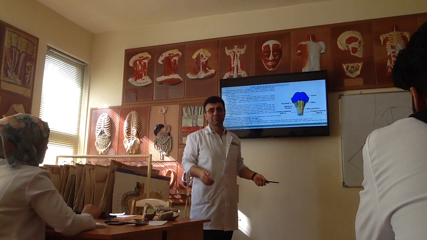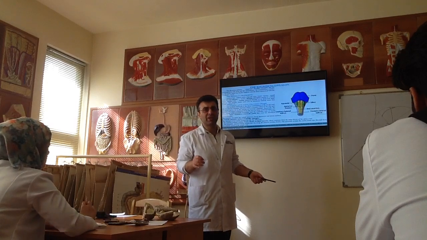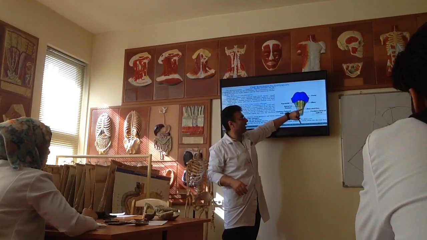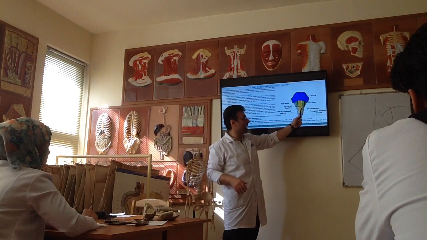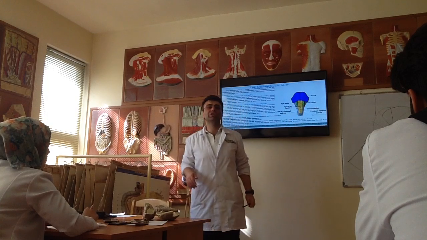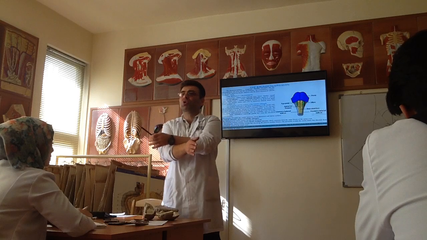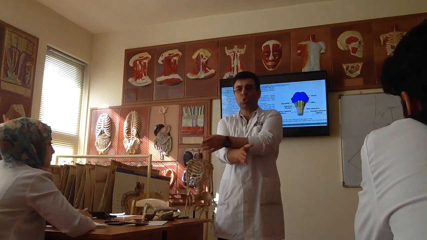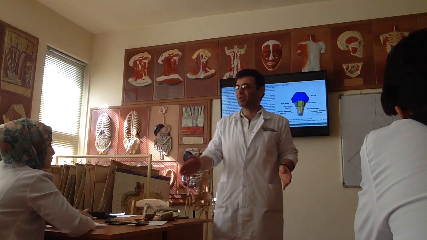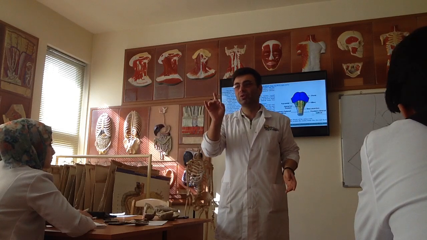Look everybody here, please. It's very important. On the level of the foramen magnum, approximately this is the level, between the right and left pyramid there are a lot of connections. We call it decussation, or crisscross points. It means the crossing of the pyramids. Part of the pyramids, not all of them.